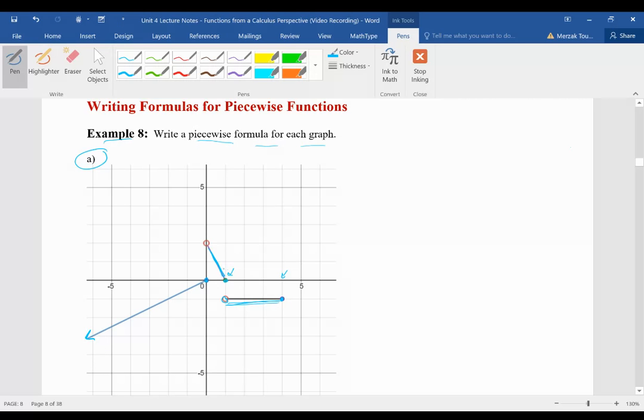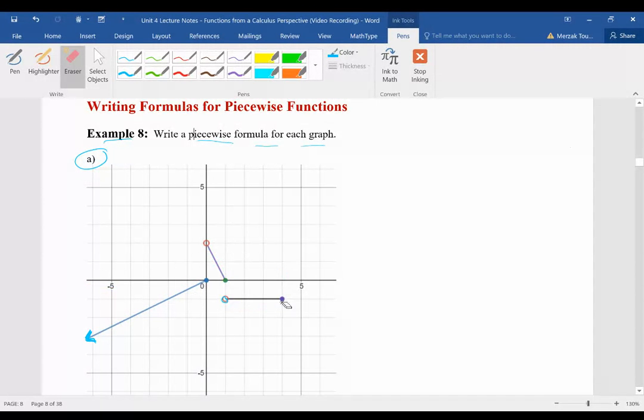The first two are the line segments, but the third one is a ray because it has a beginning but no end. So it goes from 0 and extends to negative infinity, or from negative infinity to 0.